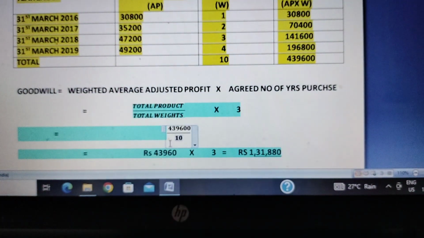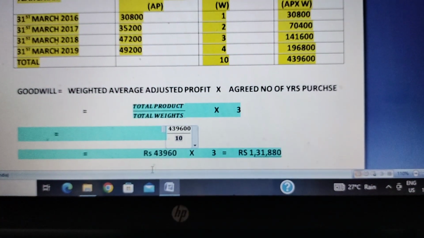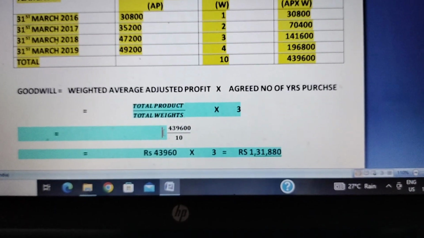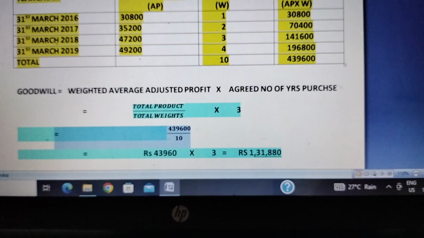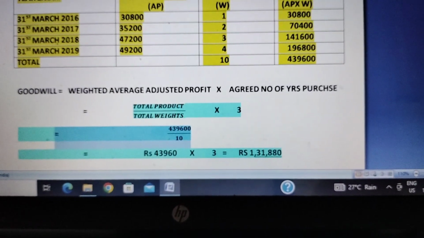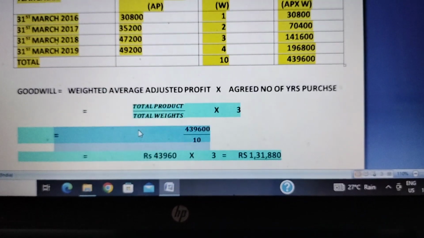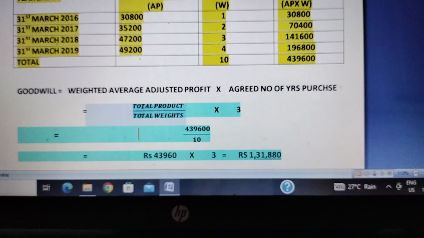If you divide 4,39,600 by 10, you will definitely get 43,960. I do hope you have understood this. I just want to mark it and make it a little bigger so that it is visible to you. Total product divided by total weight.